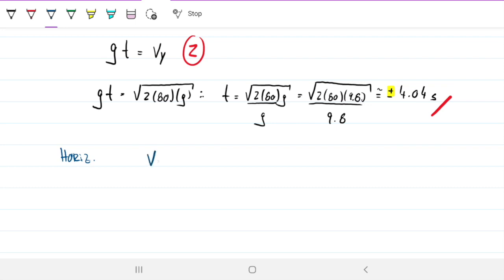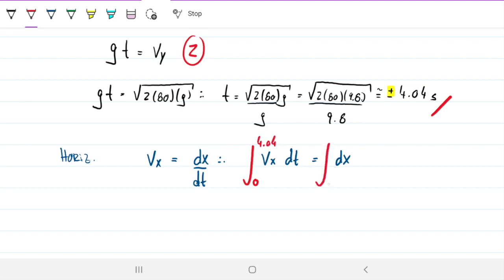that my velocity x is just how the x is changing with dt. And so vx dt equals dx. And over here I can integrate. Once again, I want to go from when it leaves, so 0, all the way to 4.04, which is when it hits the ground.